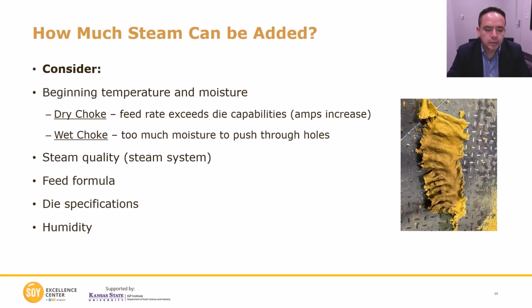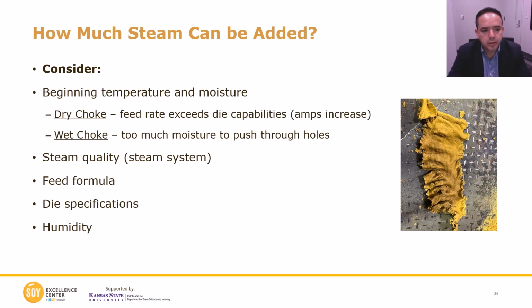So another question that we typically get is how much steam can be added. Then you need to consider what will be the beginning temperature and the beginning moisture. To know this, you need to collect samples after the mixer, because you can plug the pellet mill two ways. You can have a dry choke, and in this case, feed rate exceeds die capability, so this is an issue with higher amps.